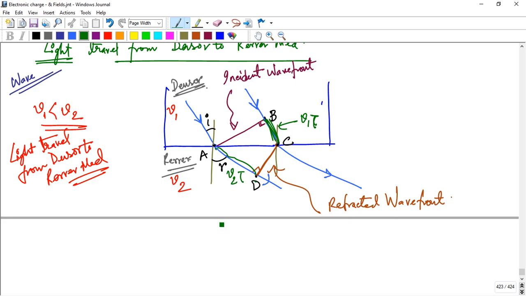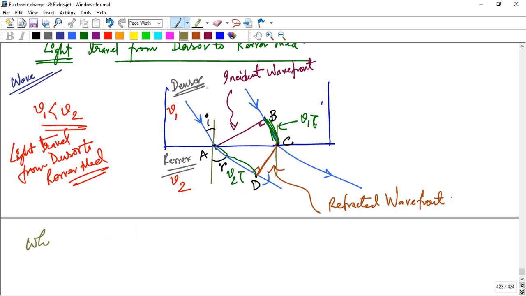So when light travels from denser to rarer medium, the velocity in medium 2 is greater than in medium 1, so the incident angle I is lesser than the refracted angle.